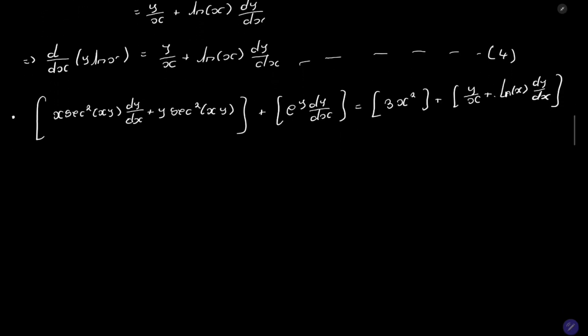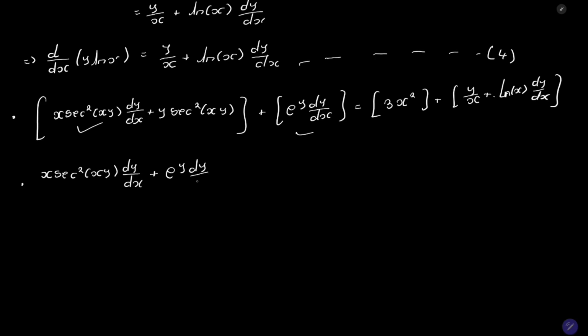So after calculating our different terms and substituting in the general equation, the next thing we need to do is to use algebraic principles to find dy on dx. The first thing we need to do is to move all the terms containing dy on dx to one side of the equation, making dy on dx the subject of the formula. So our first term is x sec squared xy dy on dx, our next term plus e to the y dy on dx.